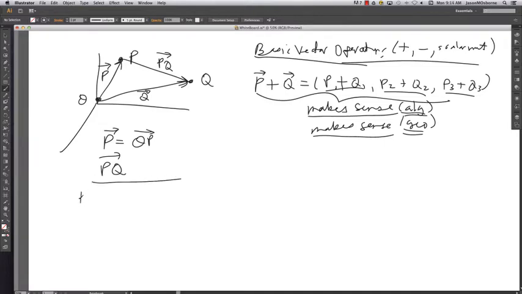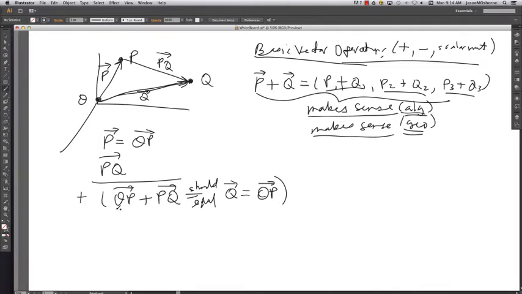If you add them according to origin to P plus the vector from P to Q, it makes sense that you're going to end up here, which also corresponds to the vector Q. So this should equal the vector Q, which is the same as the origin to Q.